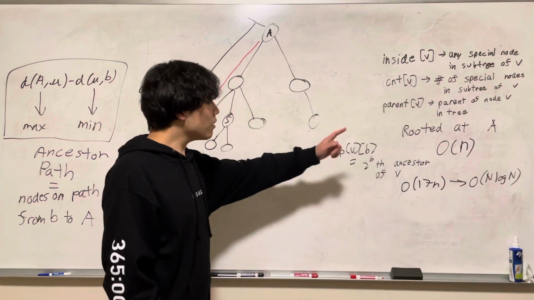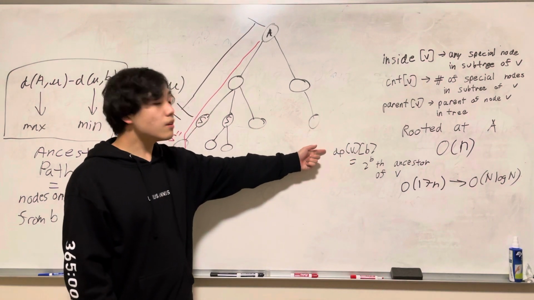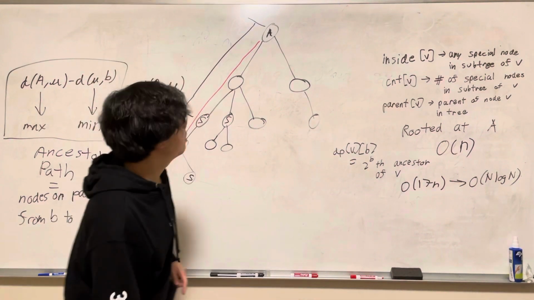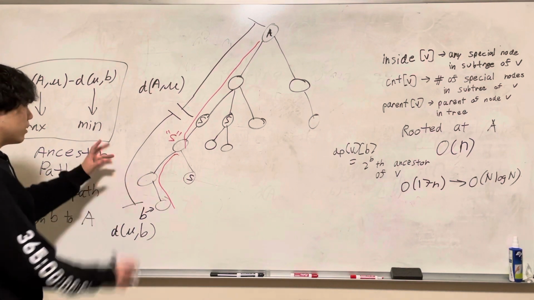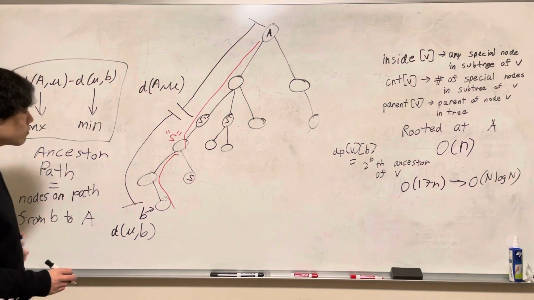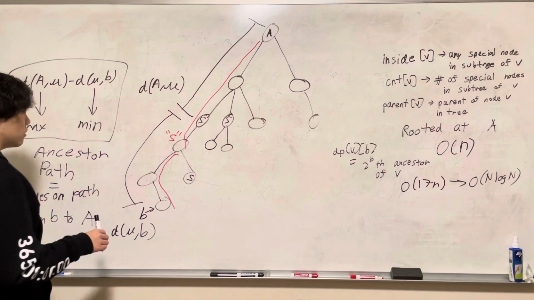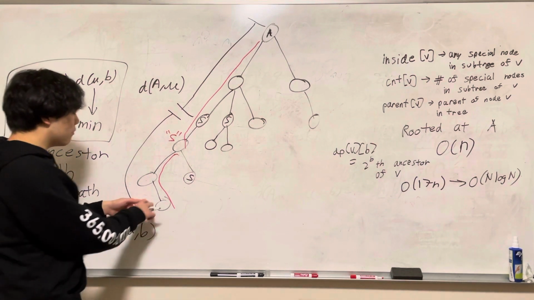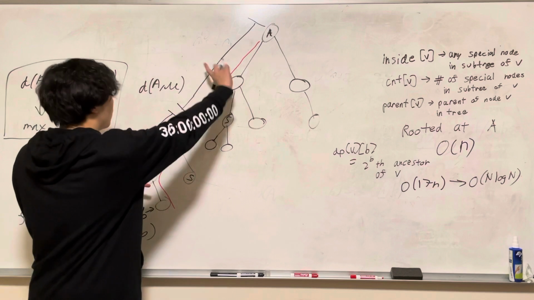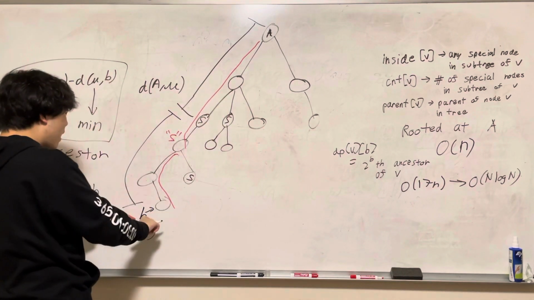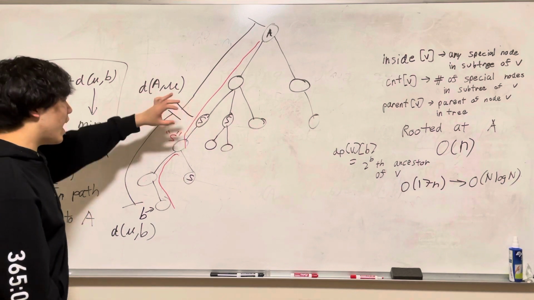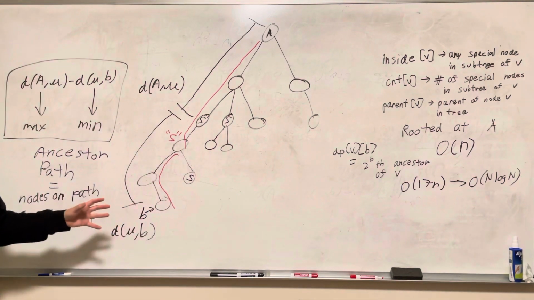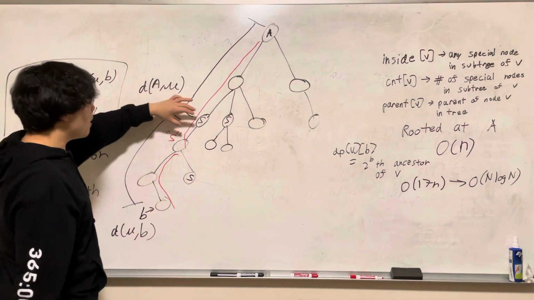Okay, so now that you have this value over here, we can use binary lifting to determine where the lowest value of a special node is. And so the way we do that is we would check to see if we make one large jump across its ancestor path starting from node B, does that node contain any special nodes in its subtree? If it doesn't, that means we know that.